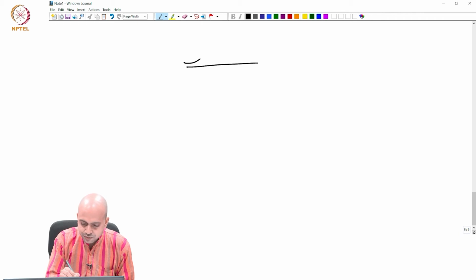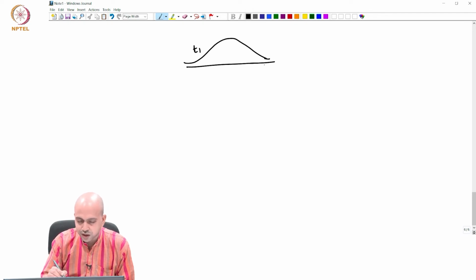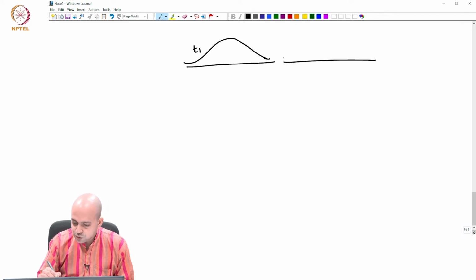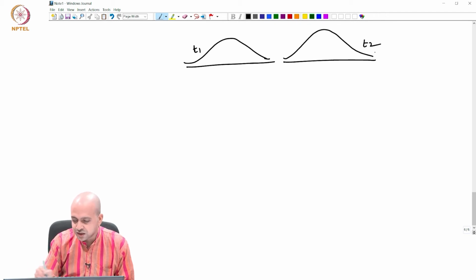In terms of this diagram, let us say that this is our t distribution for T1, and the distribution for T2 is like this.